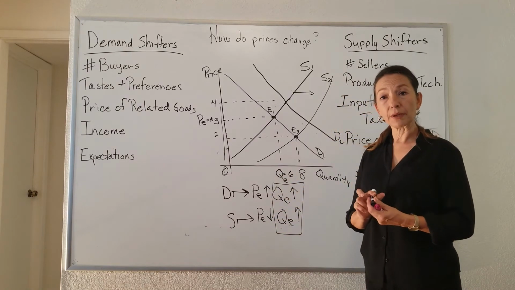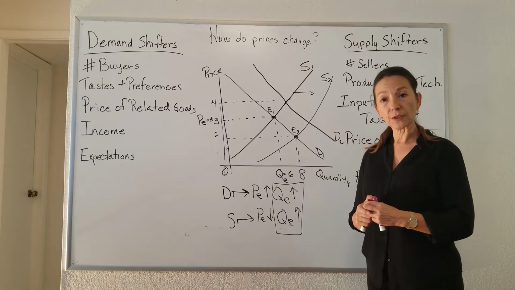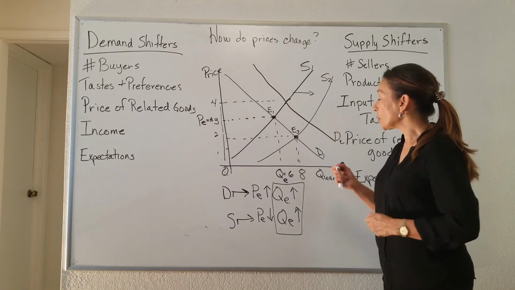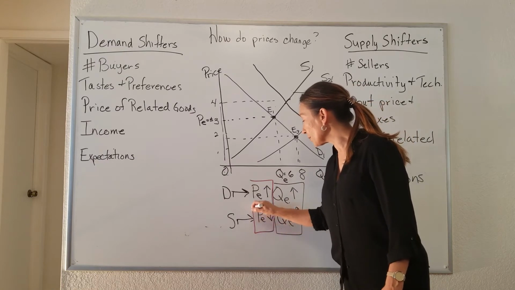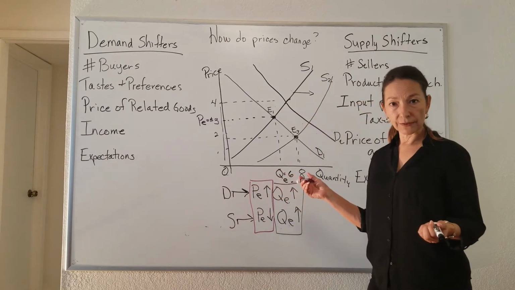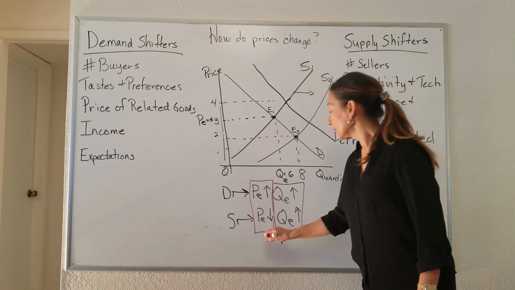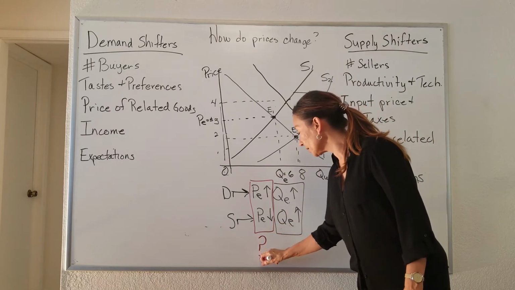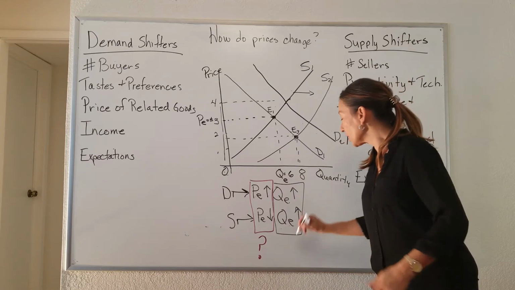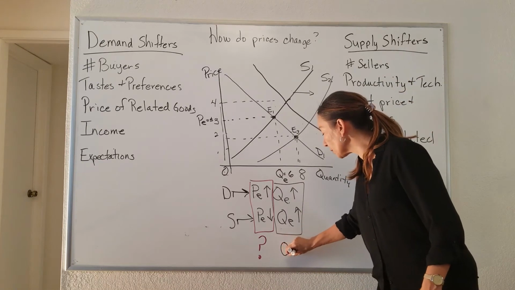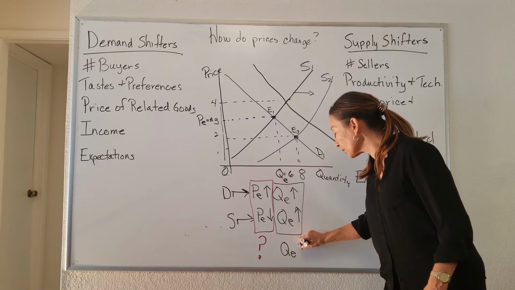That's going to happen when we have both curves shifting to the right. But what we don't know is exactly what's going to happen to pricing, because we were not told the magnitude of the shifts. So this would be a question mark under your answers, and definitely you would have QE, equilibrium quantity, increasing.